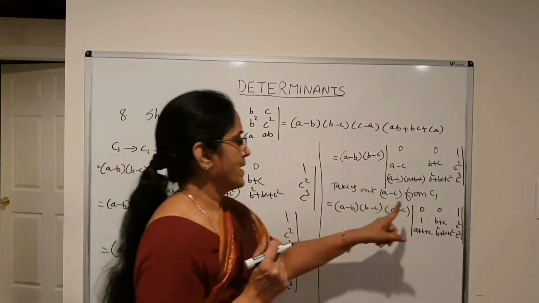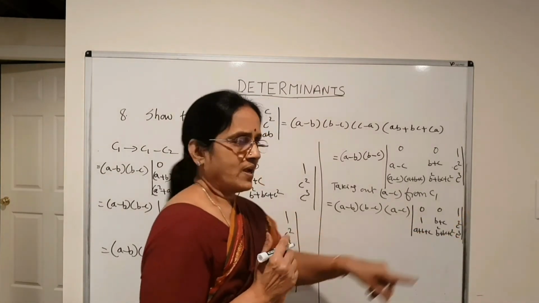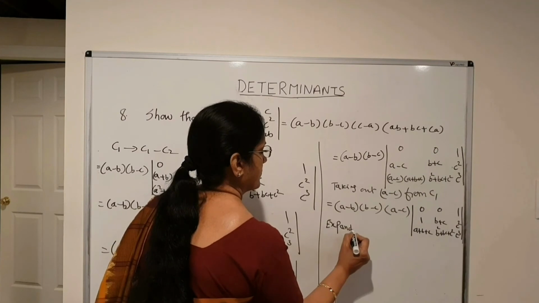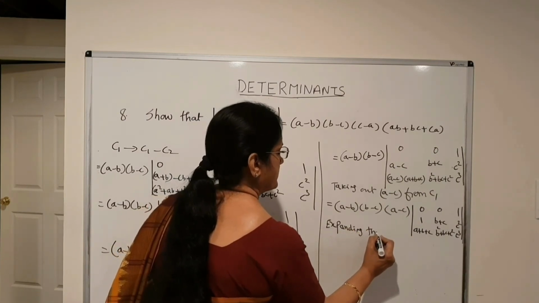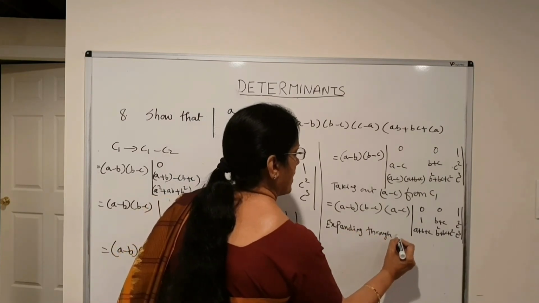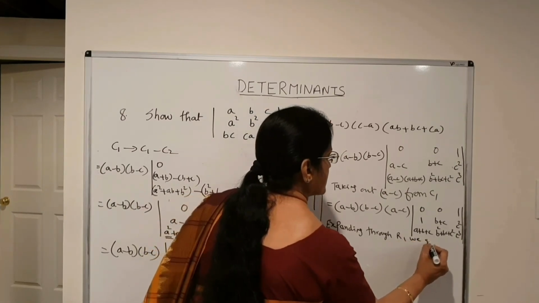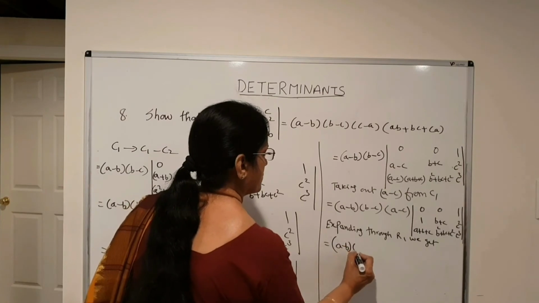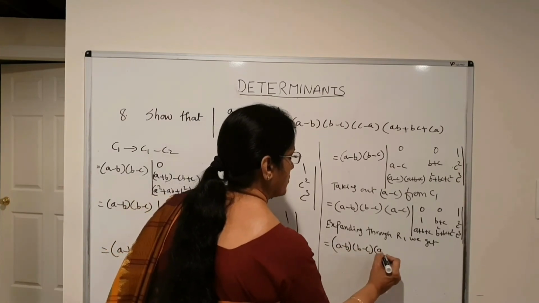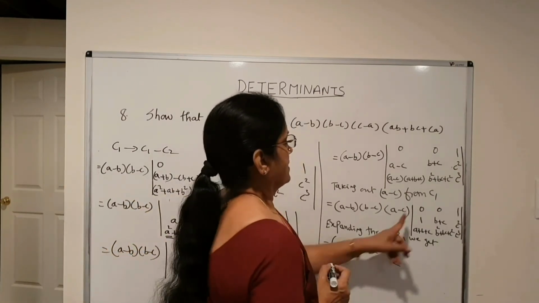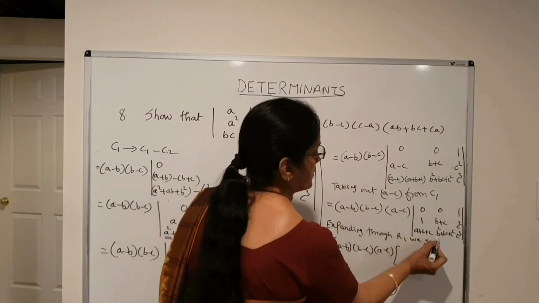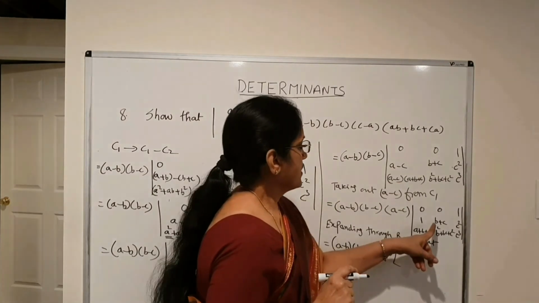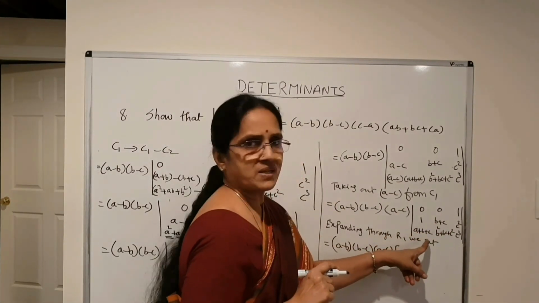Now I can expand through first row. Expanding through R1, we get LHS is equal to a minus b into b minus c into a minus c. Then product of 1 into b square plus bc plus c square minus product of b plus c into a plus b plus c.